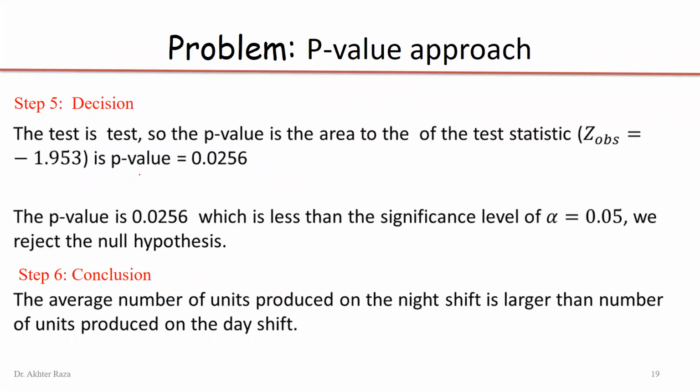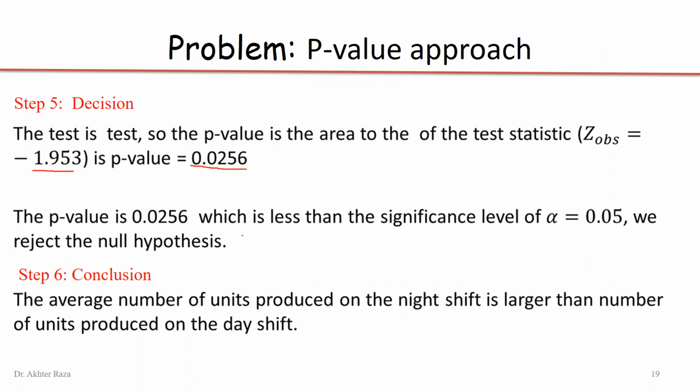Now, if we are doing it with the p-value approach, the observed value of the Z statistic, minus 1.953, is looked up in the Z table, and the p-value is 0.0256.